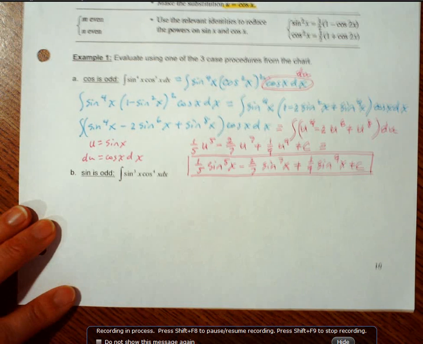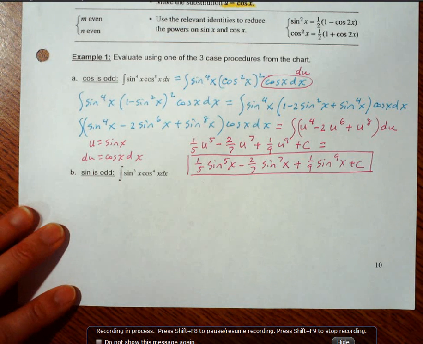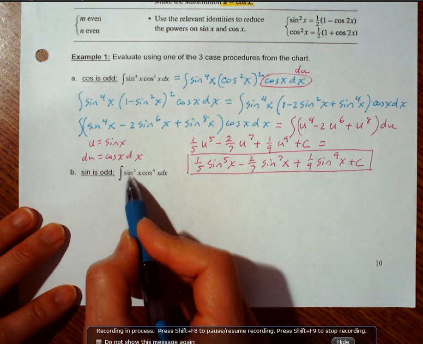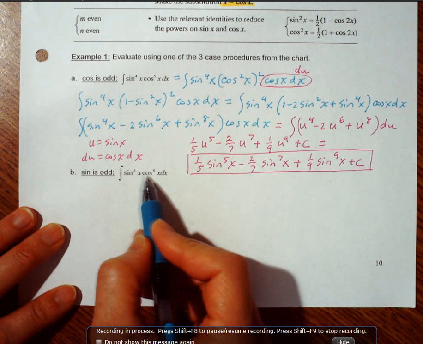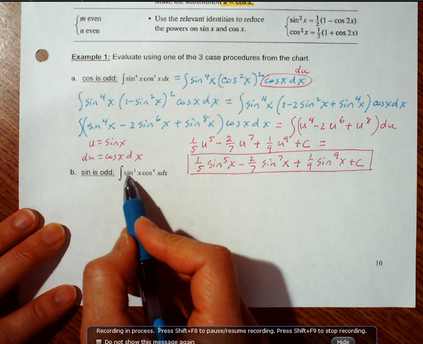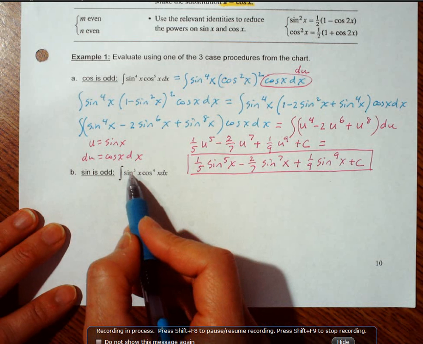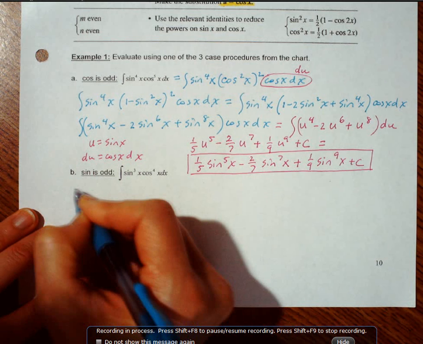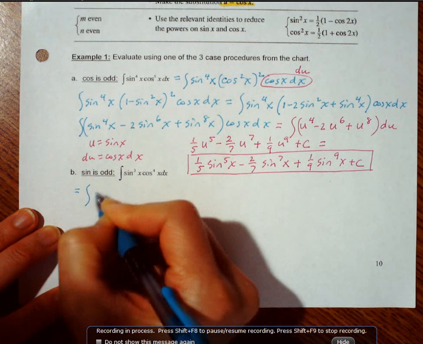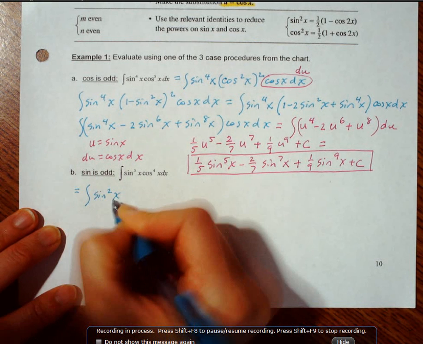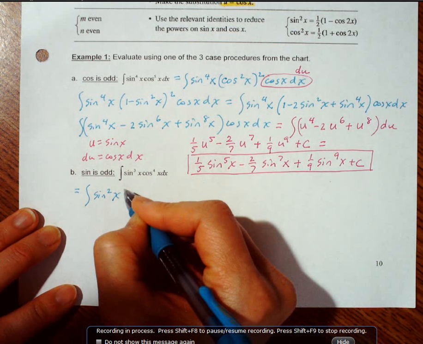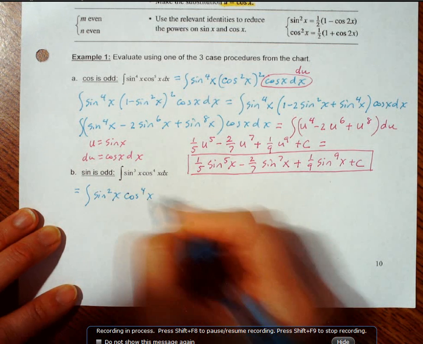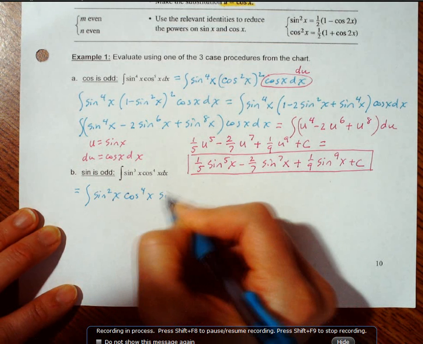Okay, let's try the second example. In example 1b, sine is odd. So I'm going to keep cosine as it is, and I'll rewrite sine cubed x as sine squared x and a sine x. So it's the integral of sine squared x times cosine to the 4th x times sine x dx.